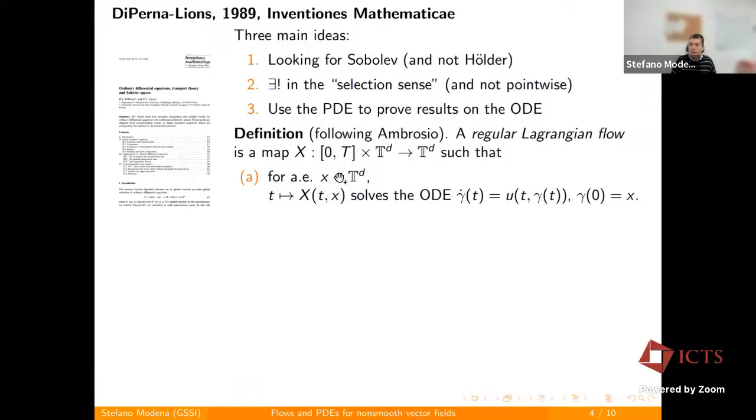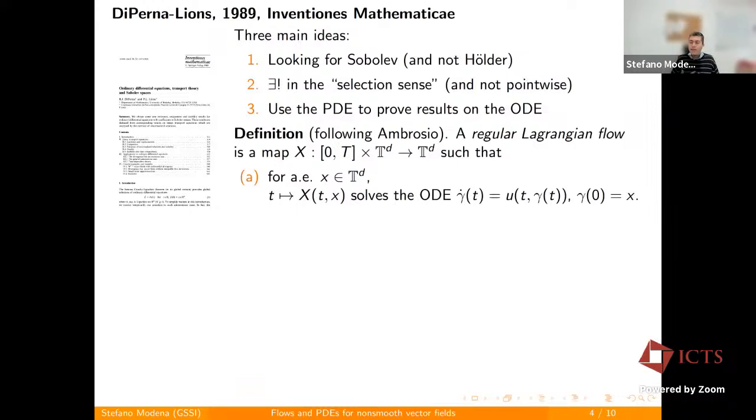For almost every initial point x, the flow map, as a function of time, is a curve in our physical domain, and this curve solves the ordinary differential equation gamma dot equals u of t, gamma, with initial point x. So for almost every point, this regular Lagrangian flow must be a solution to the ODE, and this is natural to expect from something that we want to call a flow. So this is a selection of characteristics.